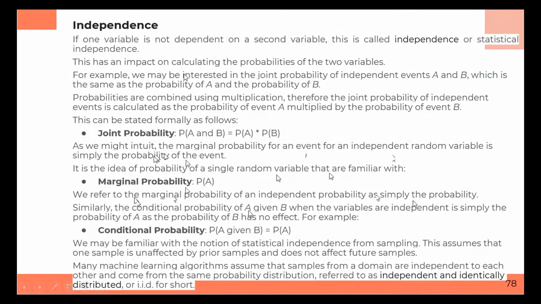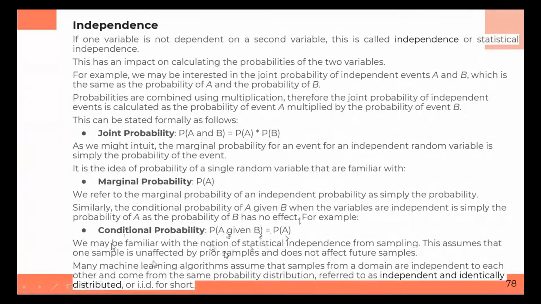The conditional probability of A given B when the variables are independent is simply the probability of A. Alright, focus. Same as conditional probability, A given B equals probability of A. You are trying to find A with the help of B.